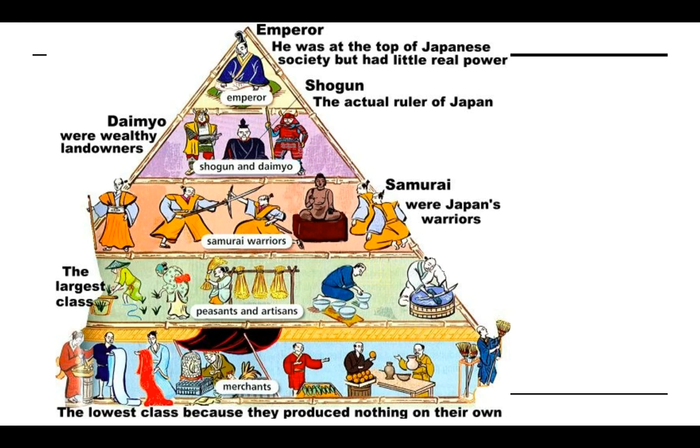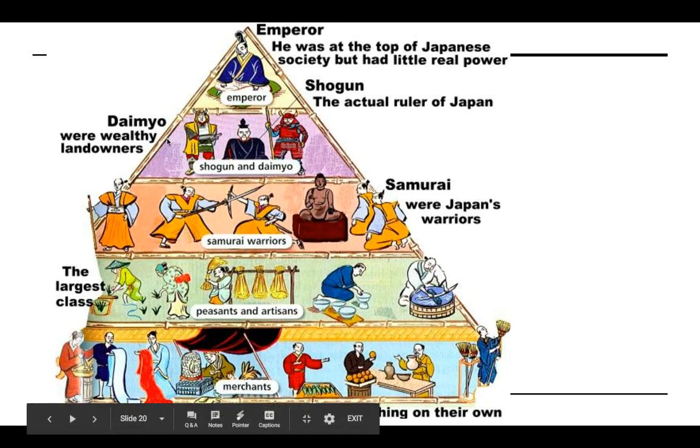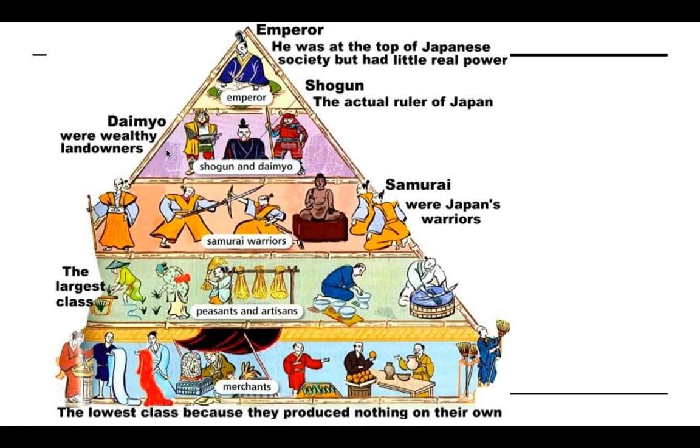All right, so moving forward, a couple things you want to understand. In the 16th century, Japan was experiencing a lot of feudal warfare between the daimyo and the wealthy landowners. This was specifically important because the shogunate, the actual ruler of Japan, did not necessarily have a stronghold on Japan.